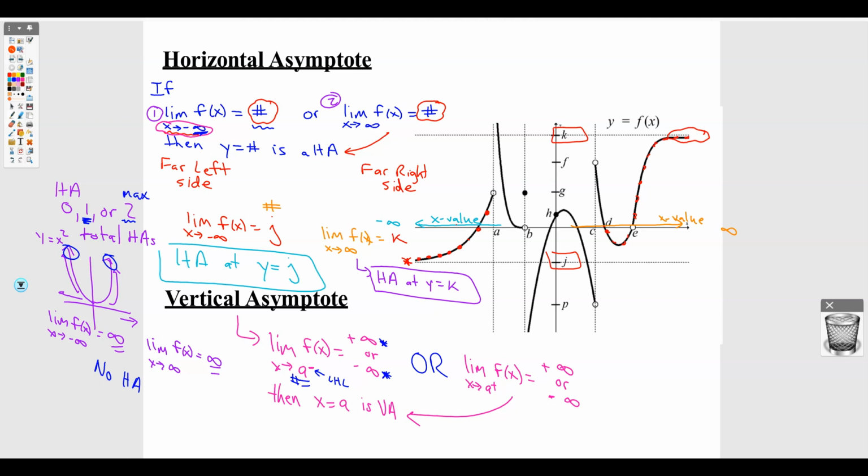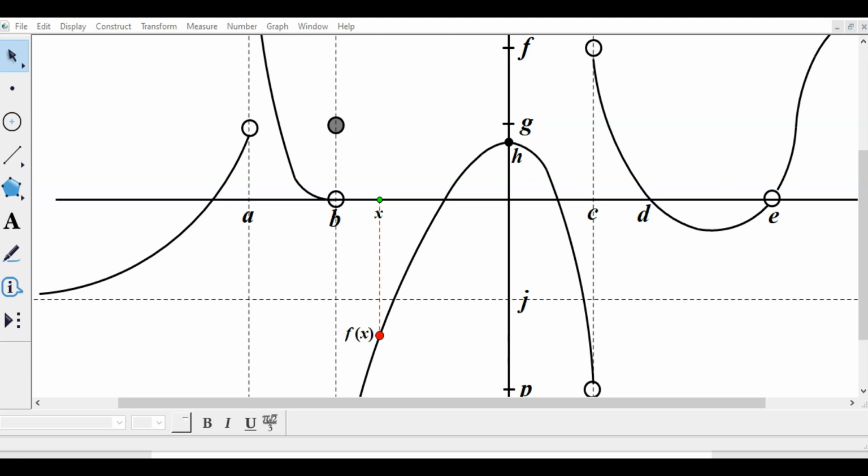You could do a left-hand limit and get positive infinity, a left-hand limit and get negative infinity, a right-hand limit and the answer is infinity, or a right-hand limit and the answer is negative infinity. And you just need one of those to be true. If one of those is true, then x equals a is a vertical asymptote. So to find our vertical asymptotes, we need to check a specific value and try to find a place where we see either the left-hand limit or the right-hand limit approaching an infinity.